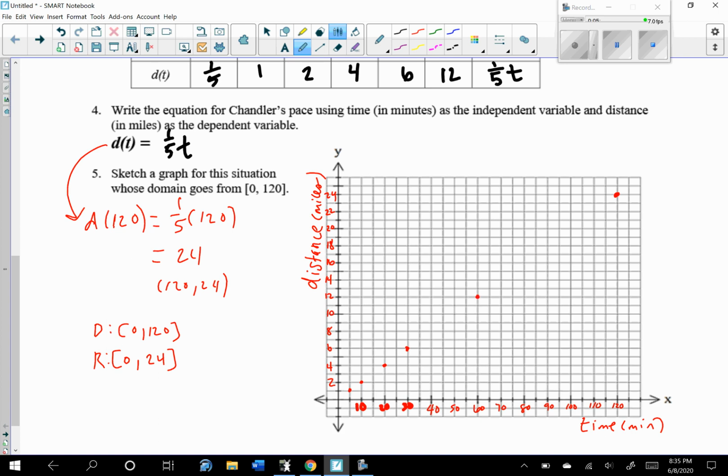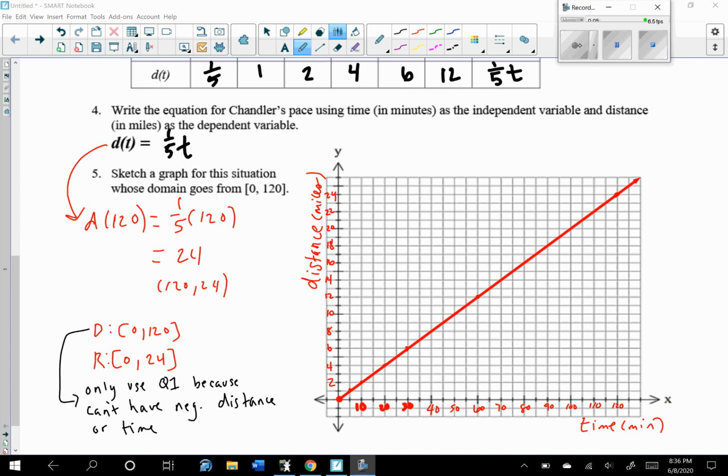Then I would use my ruler to connect each of these points. And so now we have our graph. Again, we're only using quadrant 1 because we can't have negative distance or time. And so that's it for this portion.